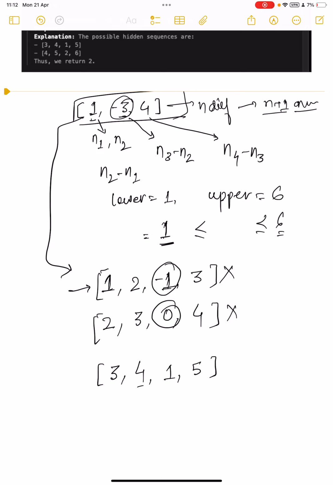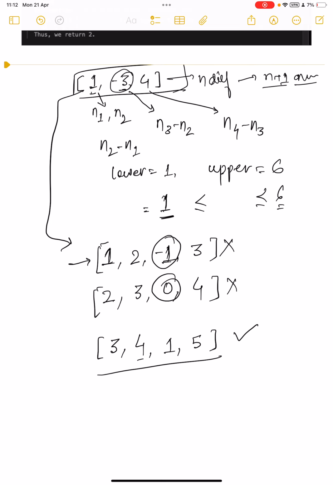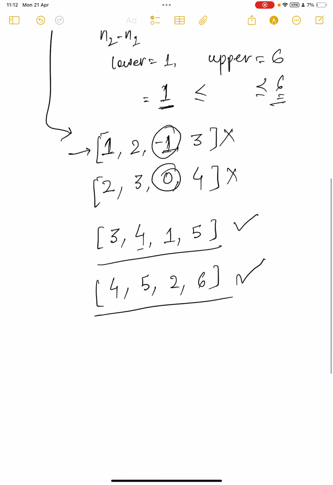In this, all of these numbers fall in the range, so this is one of the possible sequences. Similarly, if we try with 4, then 5, then 2, and then 6, again all of these numbers lie within the range, lower and upper. So this is good, right?